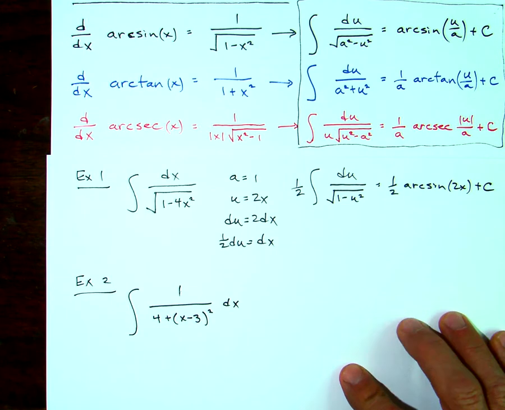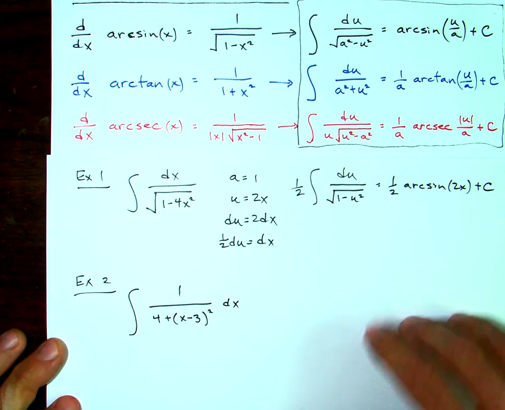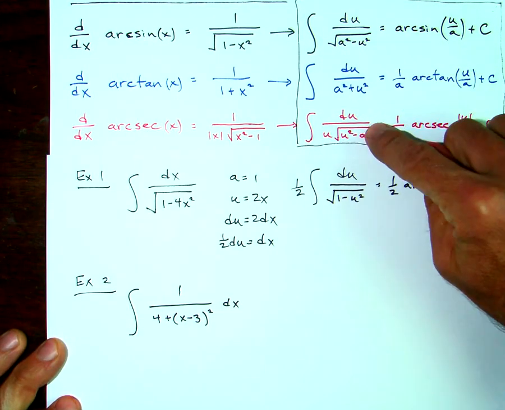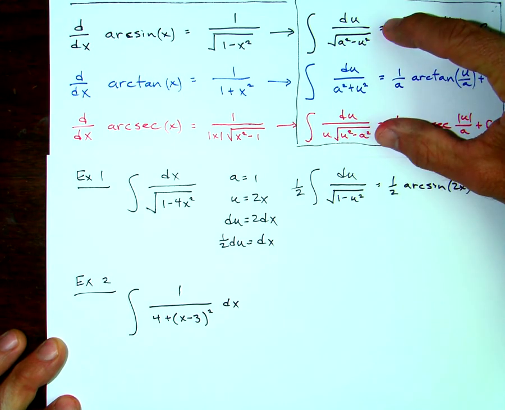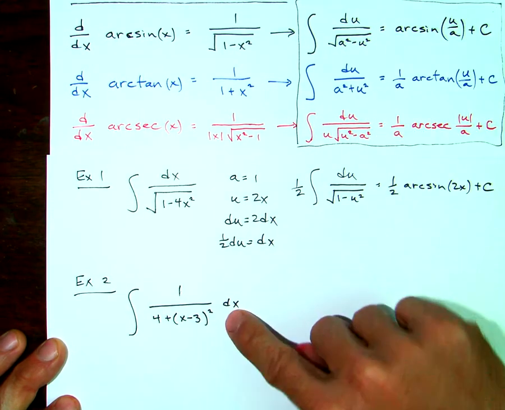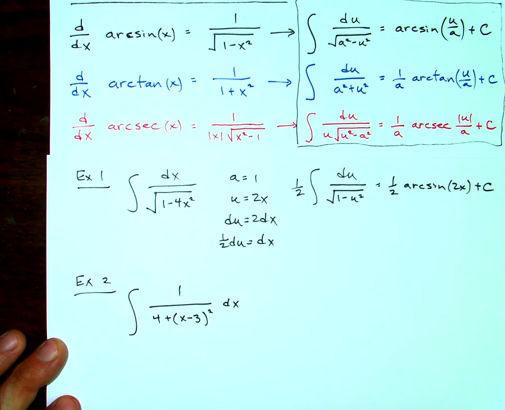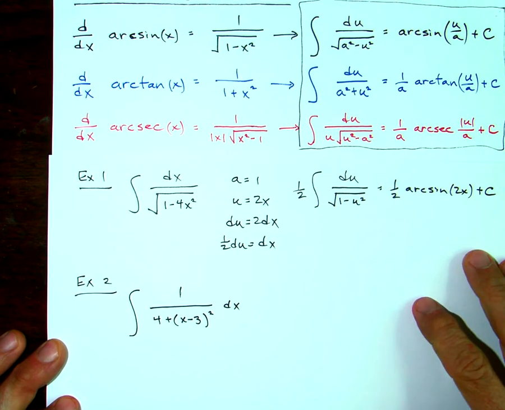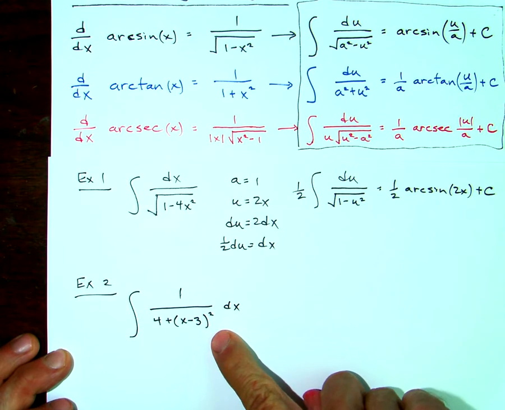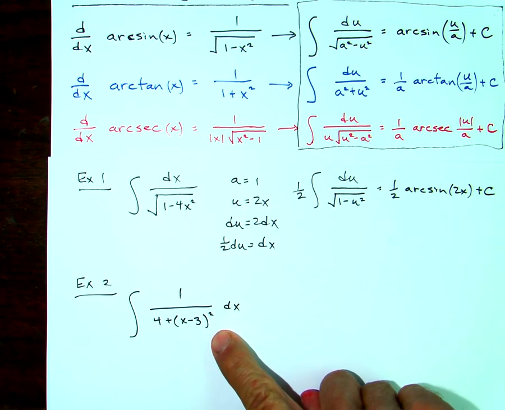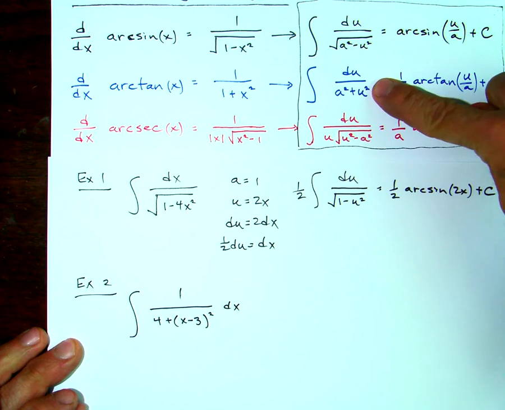Again, we're going to look at these three and see if we can determine which of these has a similar structure to this one. Take a moment, see if you can figure out which one fits this structure. Hopefully you see there's no square root here, and this is the only one without a square root.